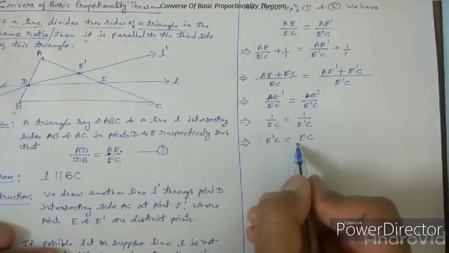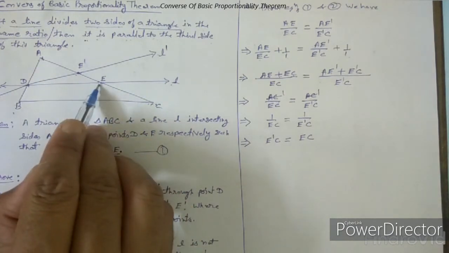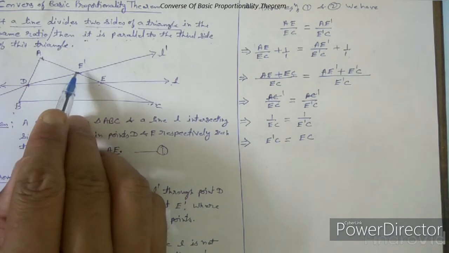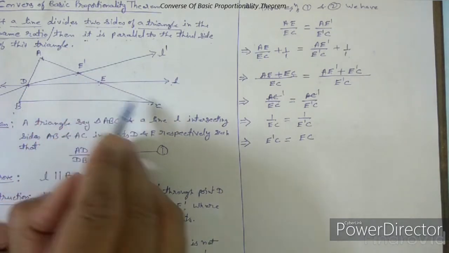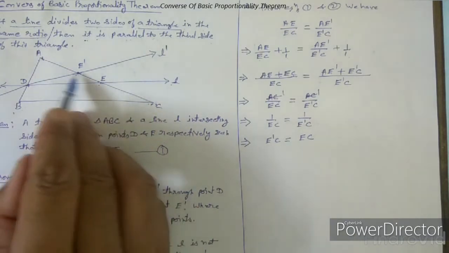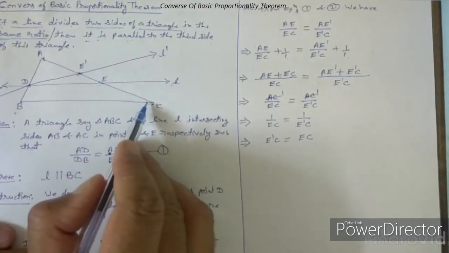Now look into the figure. E dash C equal to EC. This is only possible when E dash coincides with E, because C is the point which is common in both the line segments, and these line segments are parallel to each other.